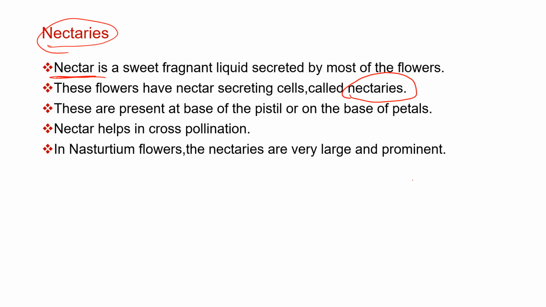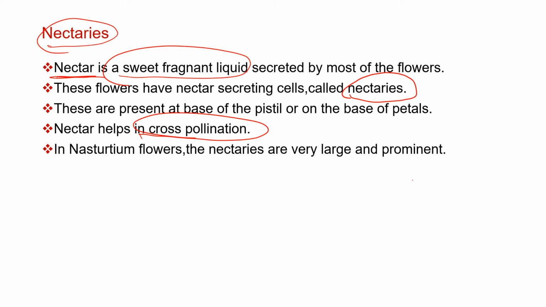Now we see that the honeybees come and sit on the petals to have the nectar, the sweet fragrant liquid that is actually attracting them for cross pollination. So this pollination and cross pollination, you will be studying here only. So how does this scented fragrant liquid attract? It produces a sweet liquid which has a sweet fragrance.